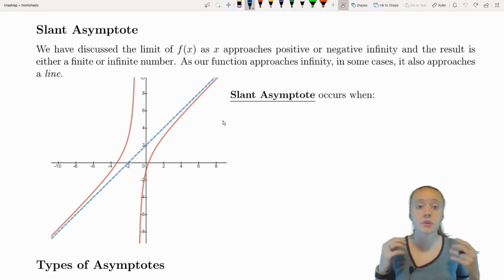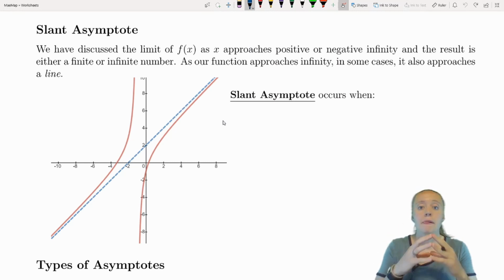So a slant asymptote occurs, just like with vertical and horizontal asymptotes, when we have rational functions. However, for a slant asymptote, the degrees of the numerator and denominator are very specific. In order to have a slant asymptote, the degree of the numerator is 1 more than the degree of the denominator.